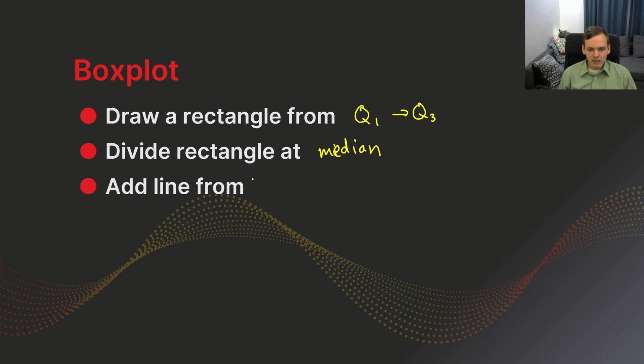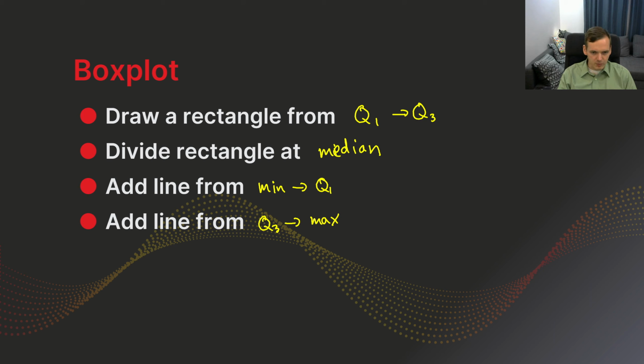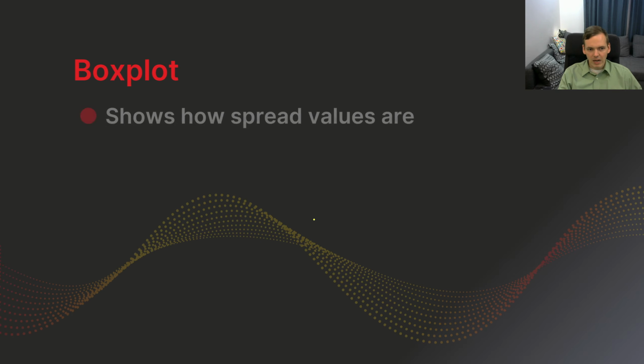Then you're going to add a line from the minimum to Q1, and then add a line from Q3 to the maximum. I'll do an example for you because that'll help lock this in place, but this shows all of that data and depicts it visually, so it's easy to track. So this shows how spread the values are.